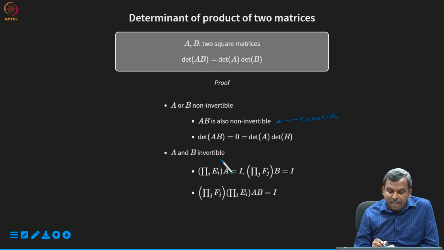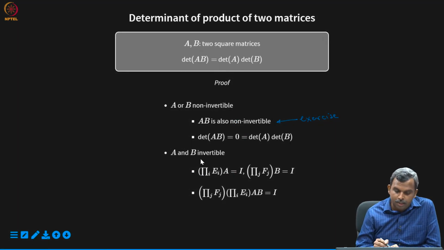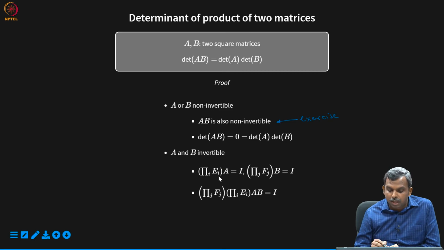Now when A and B are invertible, I know that there is a sequence of row operations which takes A to identity, and a sequence of row operations which takes B to identity. Both of these are true, isn't it? And notice what I can do here.